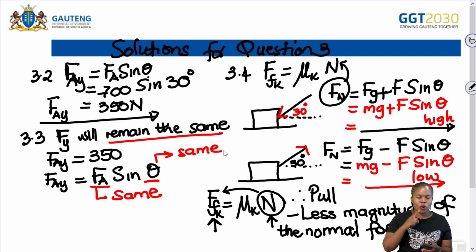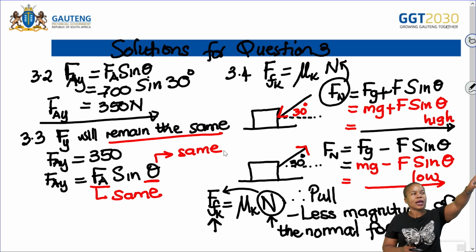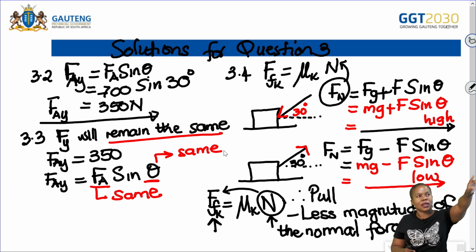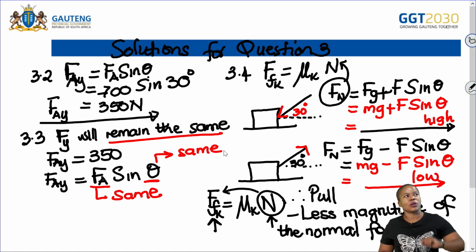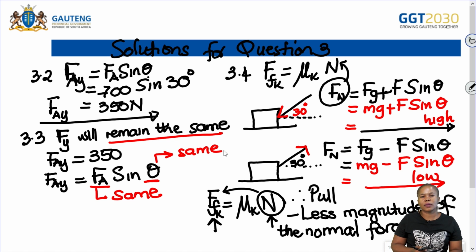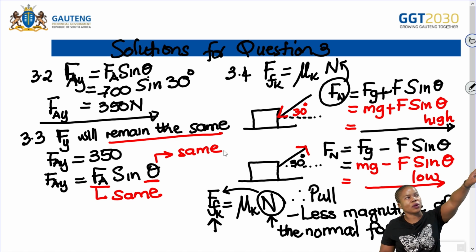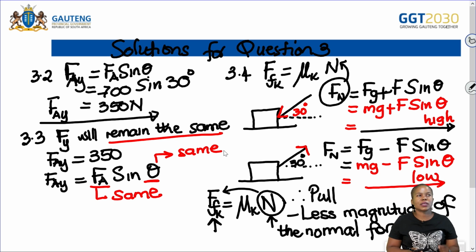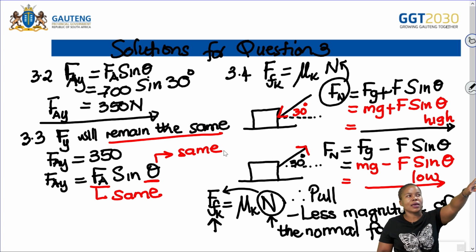So there's the normal force, because now Charles is pulling and pushing this machine at an angle, so we need to account for the vertical component of it. Meaning if Charles is pushing at an angle of 30 degrees, we need to add the vertical component, which is F sine theta. Remember, F_N equals F_g plus F sine theta, making the normal force more.